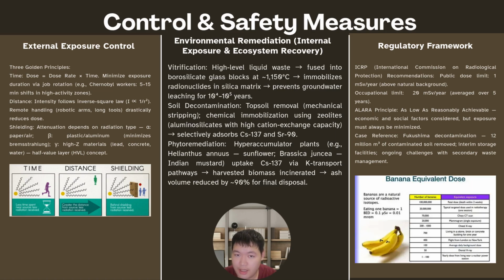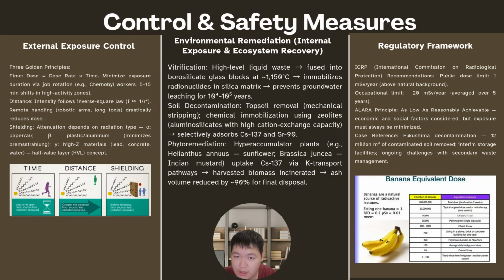Third, shielding. Gamma radiation requires dense materials like lead, concrete, or water. Engineers calculate the half-value layer, the thickness needed to reduce radiation by half. For environmental cleanup, we use vitrification, melting liquid waste into solid glass blocks that trap radioactive atoms inside, stable for thousands of years. We also use sunflowers to absorb cesium from soil through their roots.